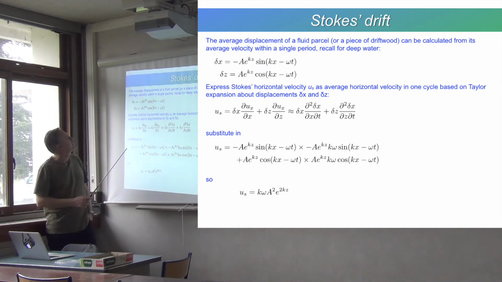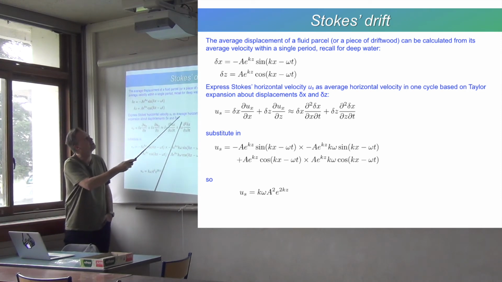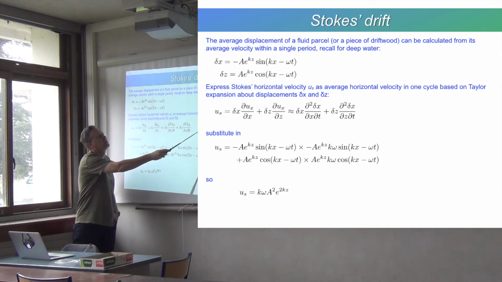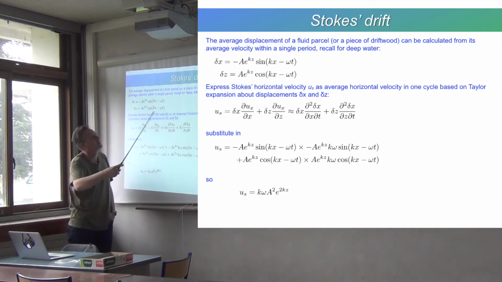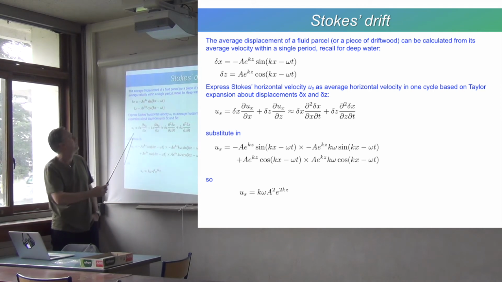If we take these expressions for the displacements, we can express the horizontal velocity, us, which is the average horizontal velocity over an entire cycle. We base that on a Taylor expansion about these displacements, delta x and delta z. So our us is delta x times du/dx, plus delta z times du/dz, where u is the velocity in the x direction.